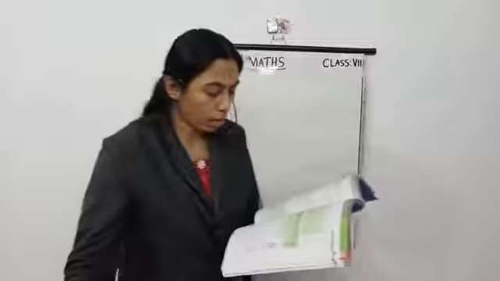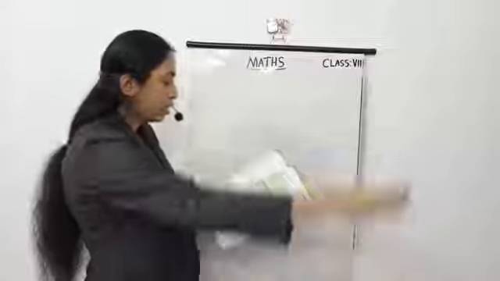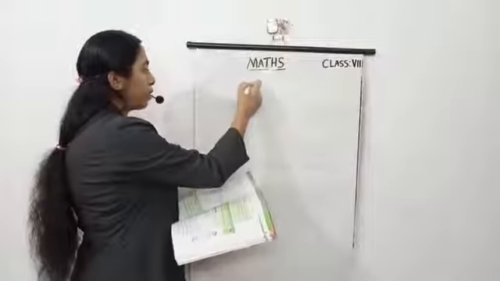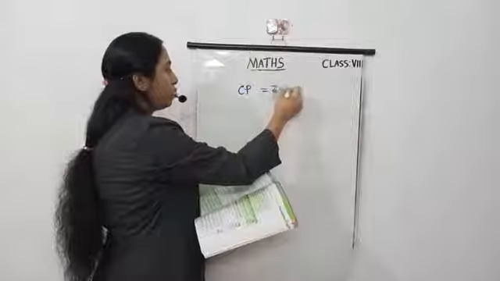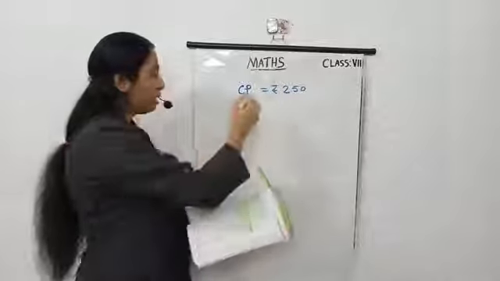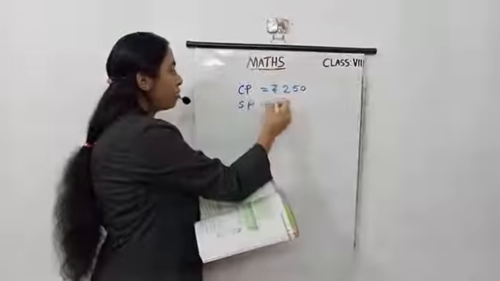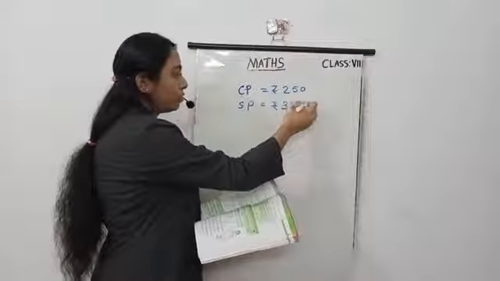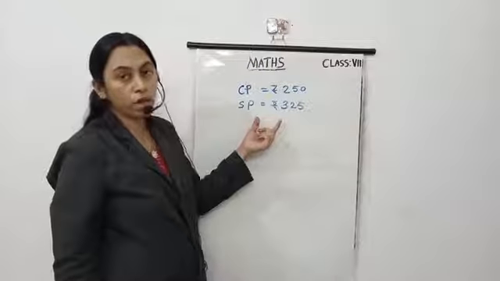So here one item for gardening was bought, and its buying cost price is rupees 250, and sold, that is resold, at the selling price of rupees 325. Now check whether it is profit or loss.